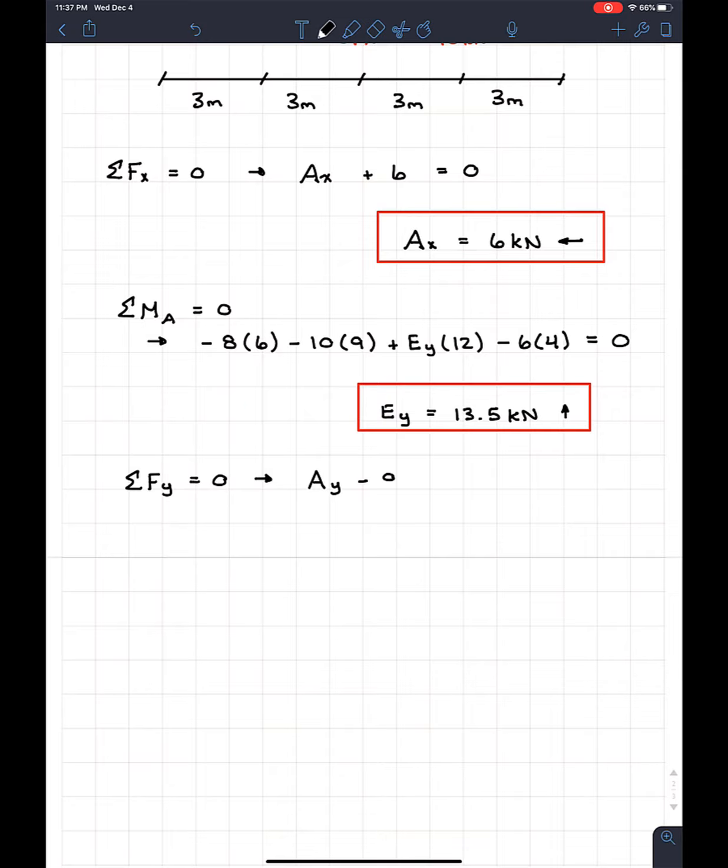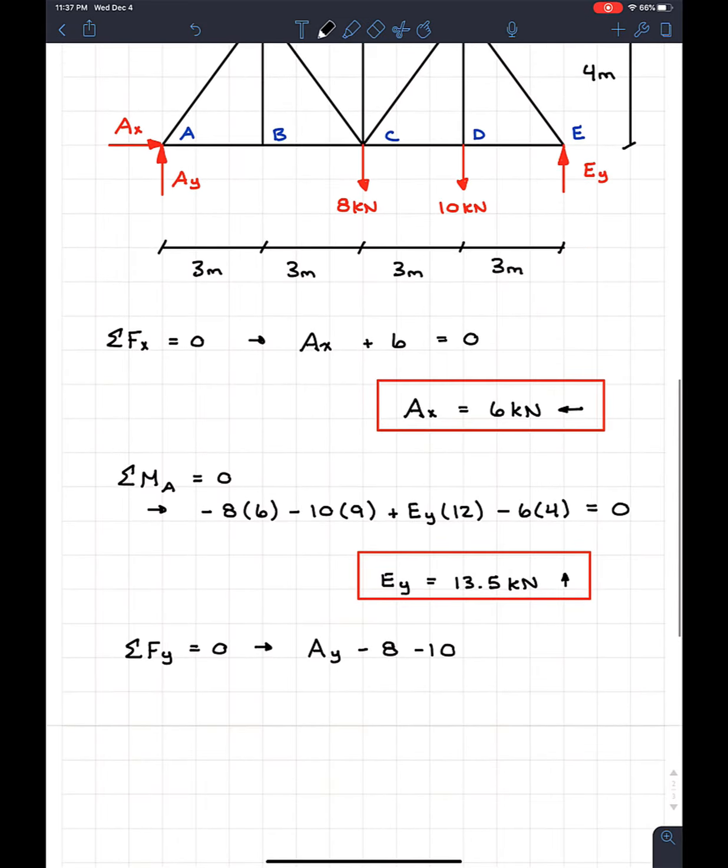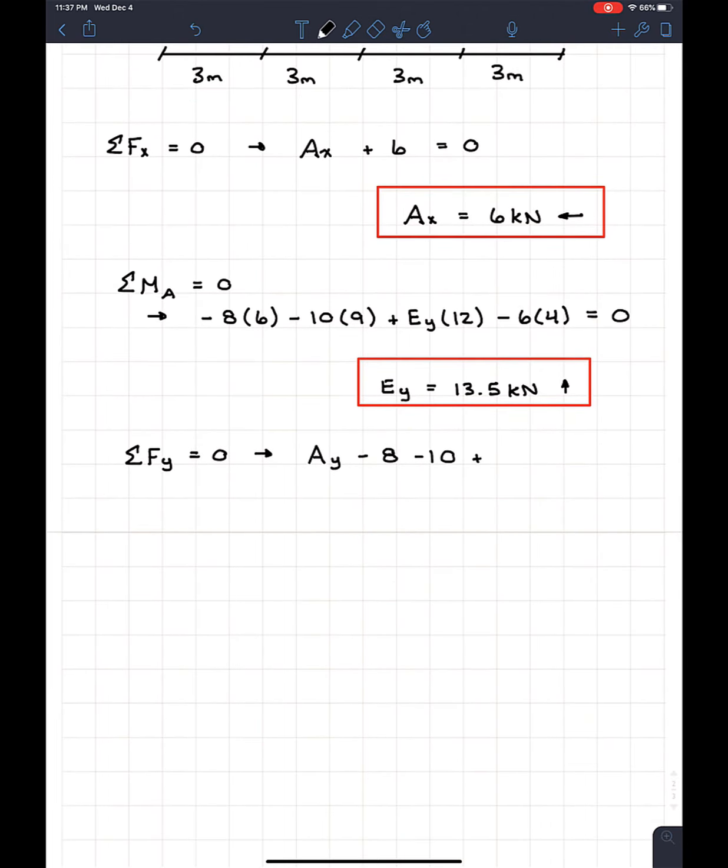So minus 8, minus 10. And then at the very end of the beam, we got EY going upwards, but we know EY. EY is 13.5, so plus 13.5, and that's equal to 0. It's very, very easy to solve for, and we get AY is equal to 4.5 kilonewtons.